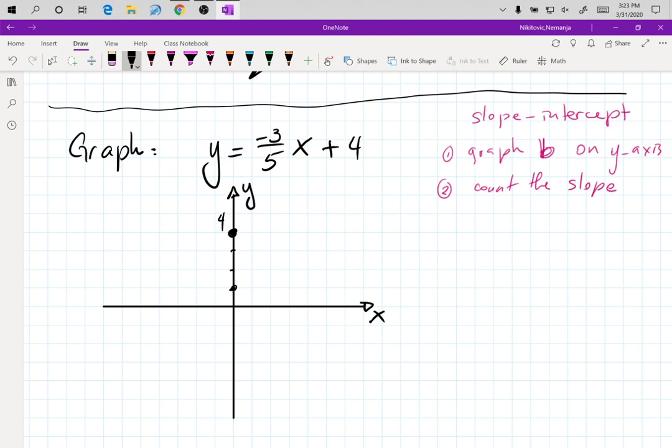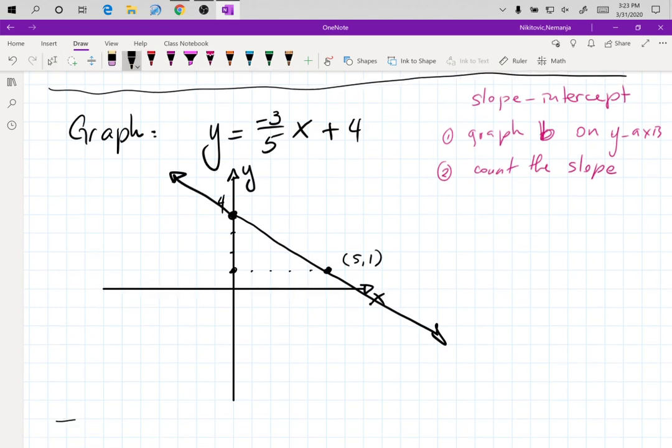So down 3 and over 5, 2, 3, 4, 5. There we go. So this point is 5, 1. I need to label all of them for full credit. Again, very quick. Graphing slope-intercept form should be the fastest, right? All you have to do is count, nothing else. Just count.